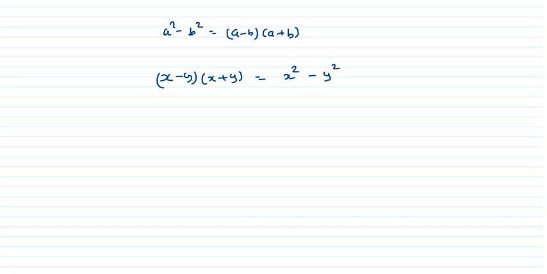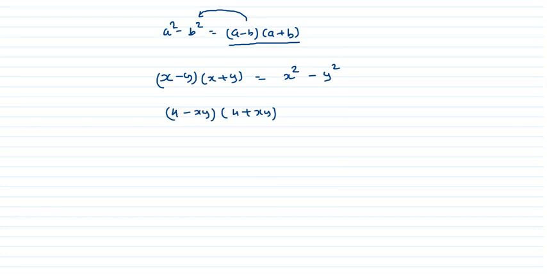Vice versa, if it has been given like this, a minus b, a plus b, what you can write instead is a square minus b square. Same way here. Now if I have a question, let's see, if I have the value 4 minus xy, this is your textbook sum, 4 plus xy. But here you have to be very sure. The same term should be exactly the same, like here 4, here also 4 is required.